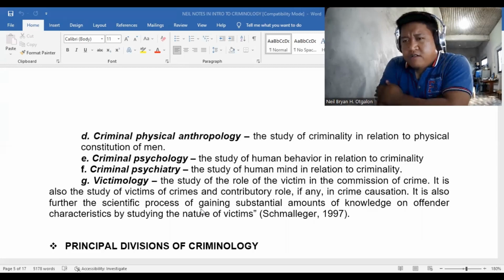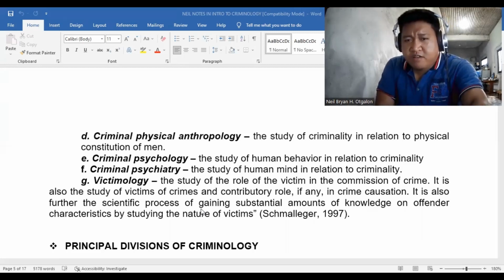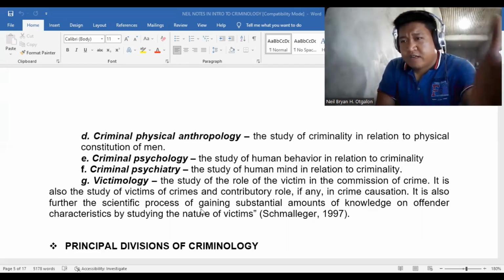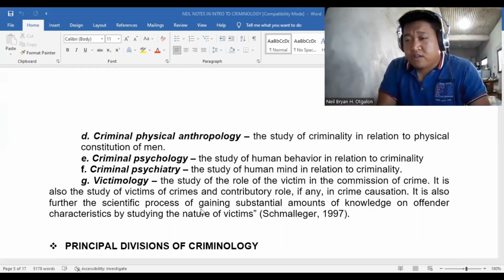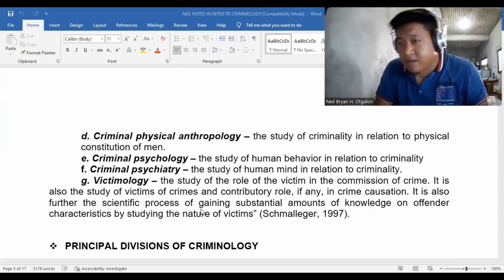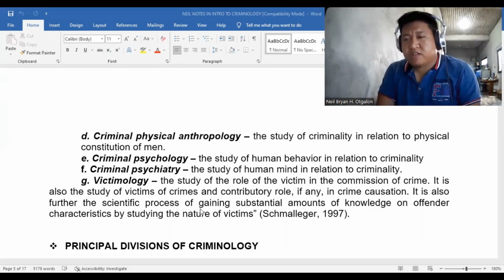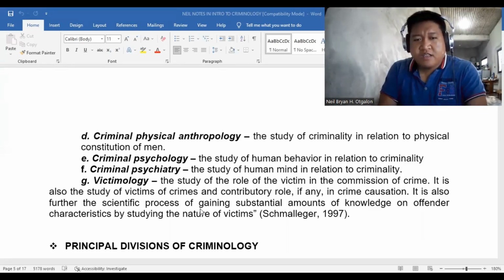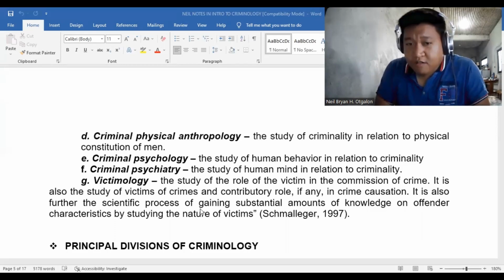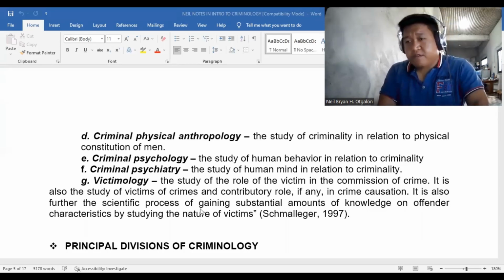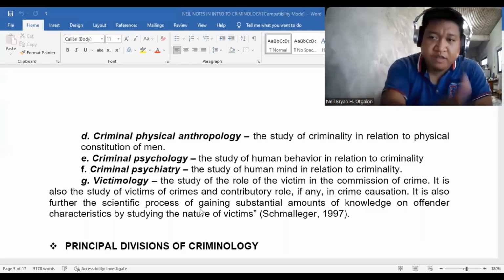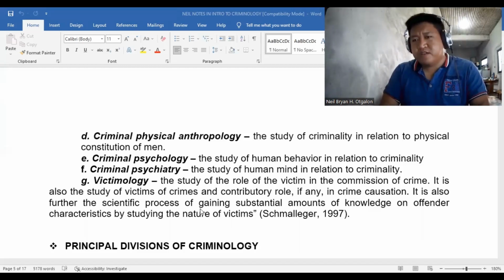This is one in a kind, no? So kasi karamihan kung tignan niyo yung mga ibang kinds of studies, ang target nila is to understand crime and the criminal. But dito sa victimology, ang iniintindi dito is crime and the victim, no? So meron bang participation yung victim in the commission of the crime?